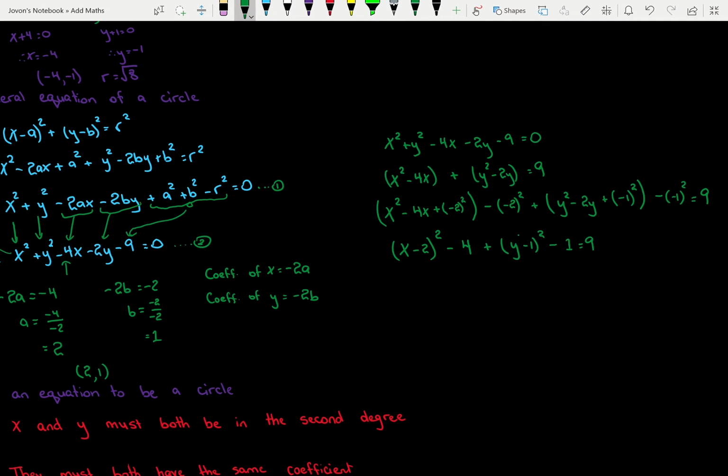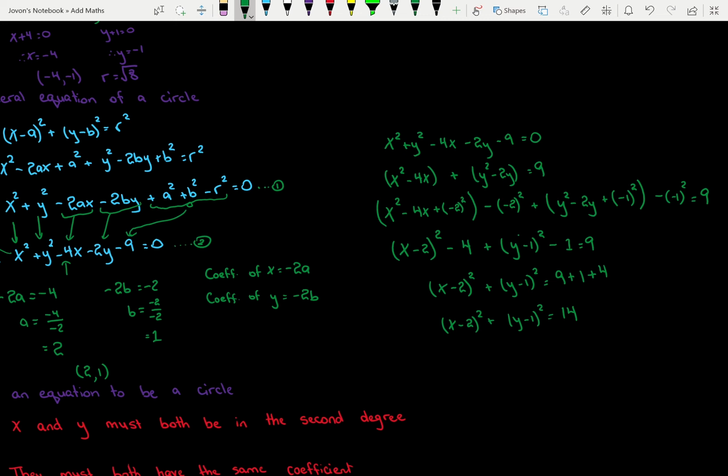Then to get in that form, all we have is x minus 2 all squared plus y minus 1 all squared is equal to 9 plus 1 plus 4. So therefore we get x minus 2 all squared plus y minus 1 all squared is equal to 14.